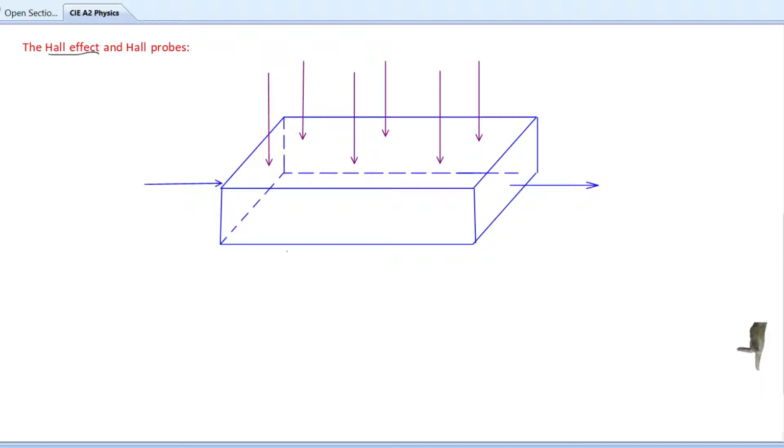So basically, if you have a metal strip and you pass a current through this strip, so basically this is the direction of the electrons moving into the metal strip from the left side and going out of the strip from this side. So you have a current in this direction. The current is always defined as in the opposite direction to the direction of the electron flow.